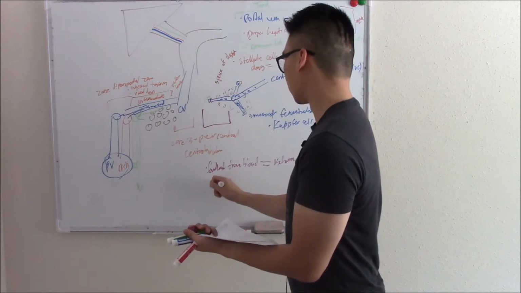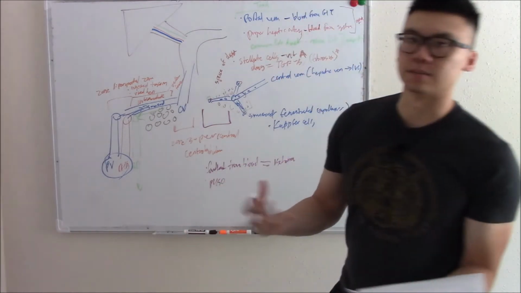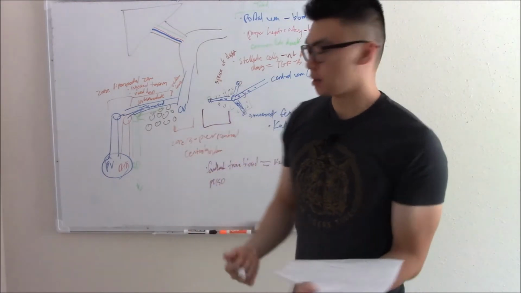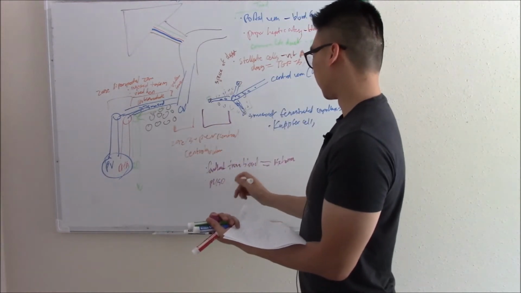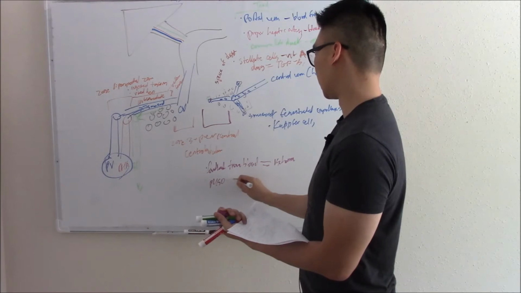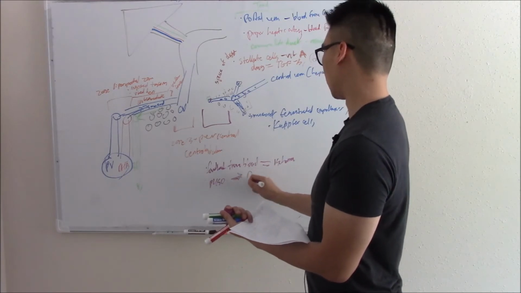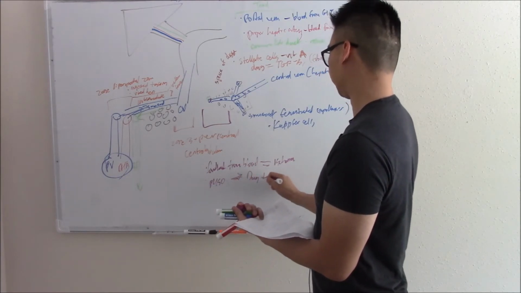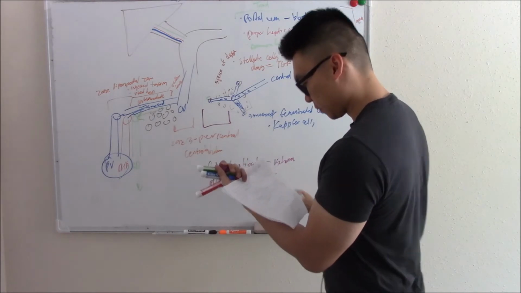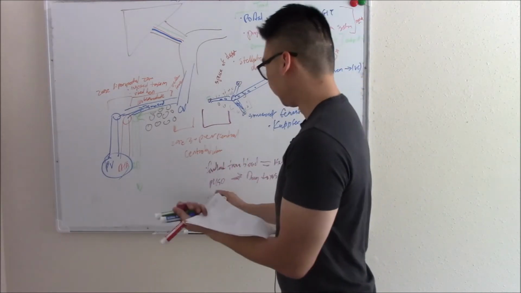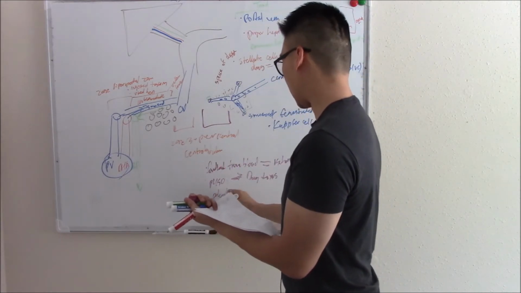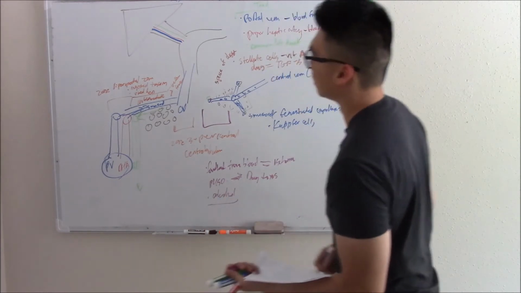Next, this zone contains most of your P450 enzymes. That's the thing that helps you metabolize things like drugs. And so this zone 3 is highly susceptible to drug toxins. And then last but not least, alcohol seems to affect this zone.